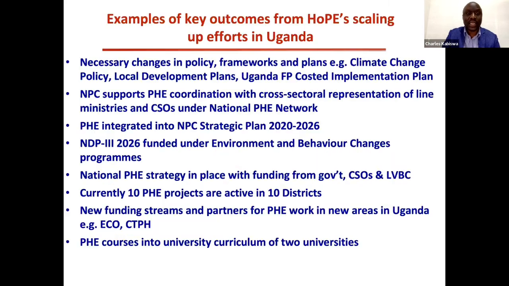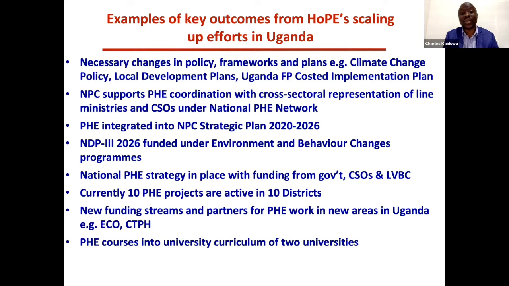Now, out of all this, I managed to pick some key outcomes from our efforts to scale up in Uganda. There were a lot of policy changes registered, including integrating family planning in the climate change policy of Uganda. We influenced a lot of local government development plans.